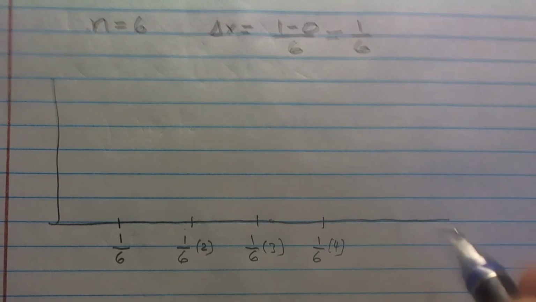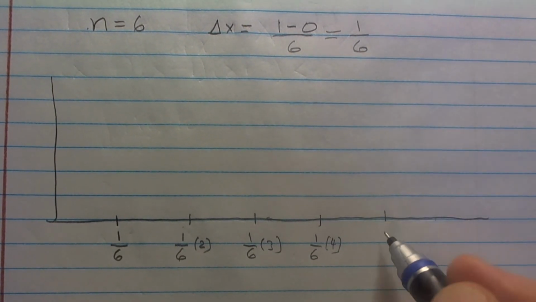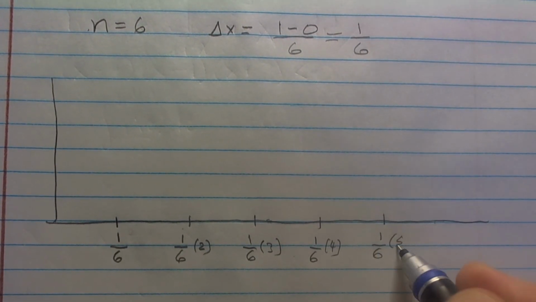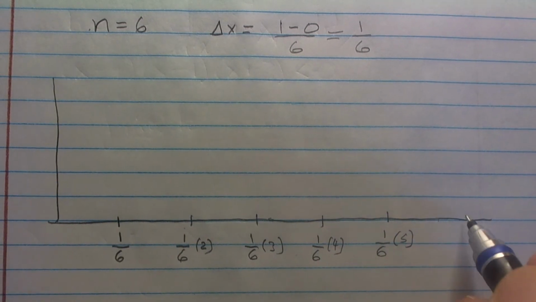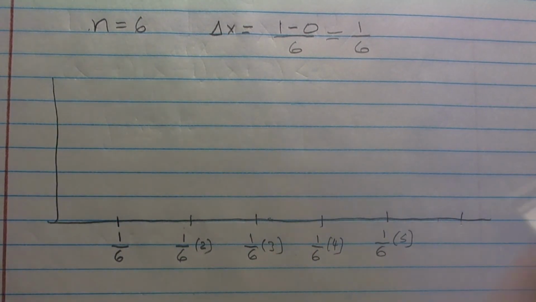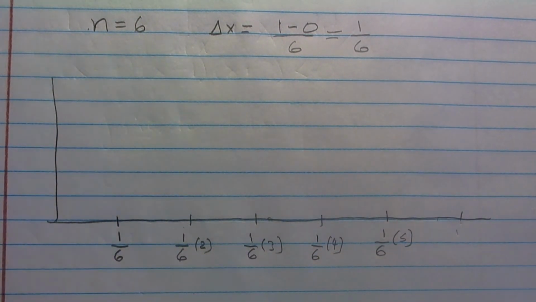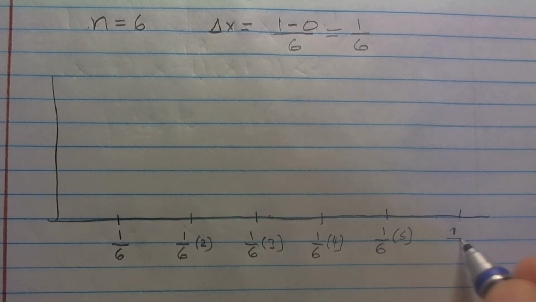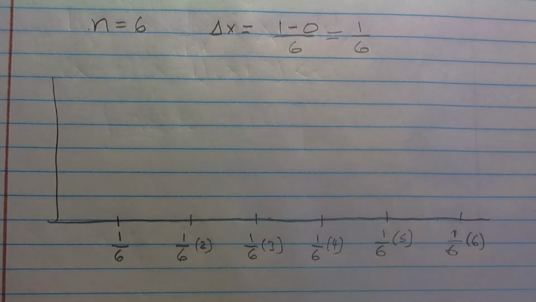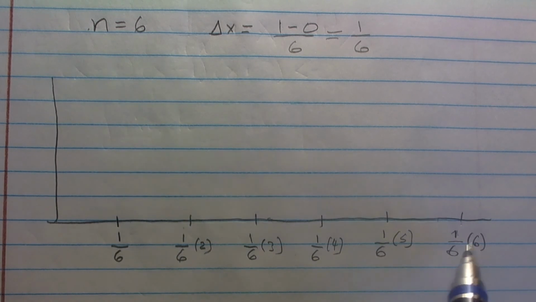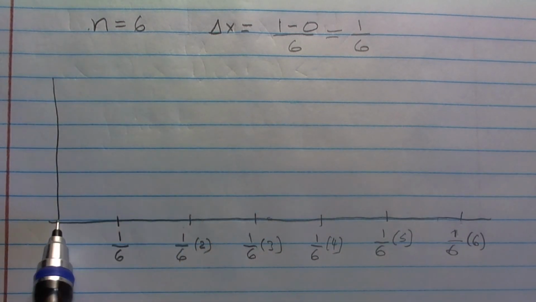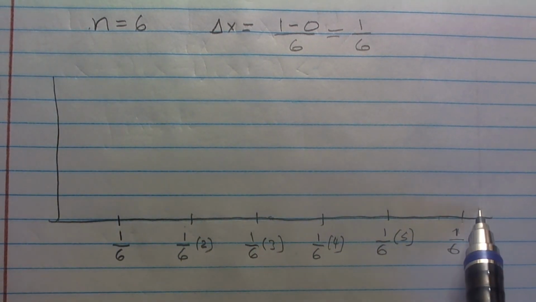I'm just adding these things, and now another one. I keep going until I get all the way over here to where I have 6 rectangles. Now notice, I'm here at the end, and I have 1/6 times 6, and that's 1. So I'm going from 0 to 1.